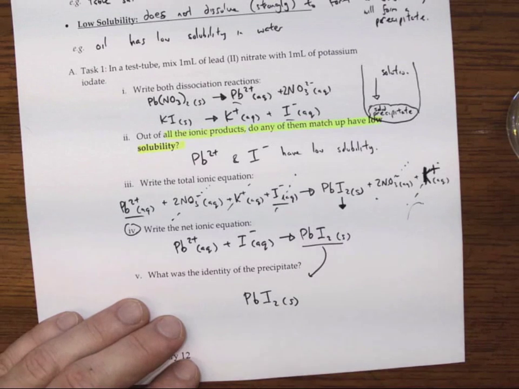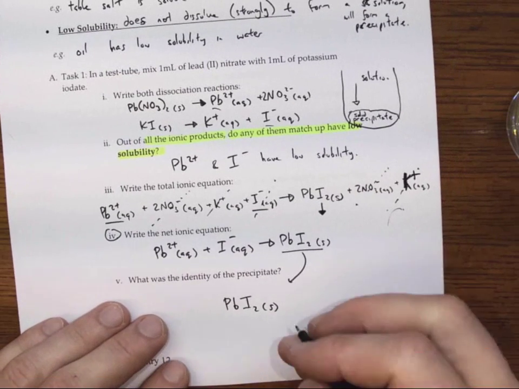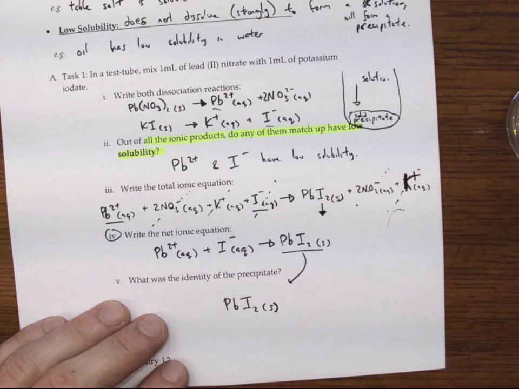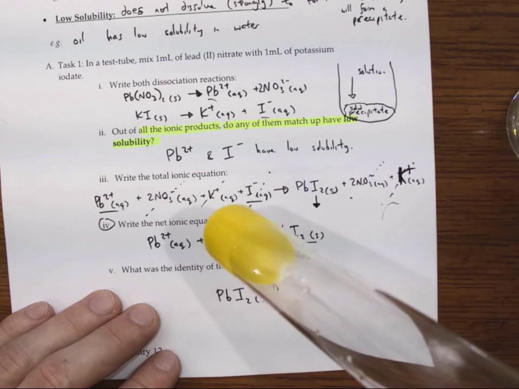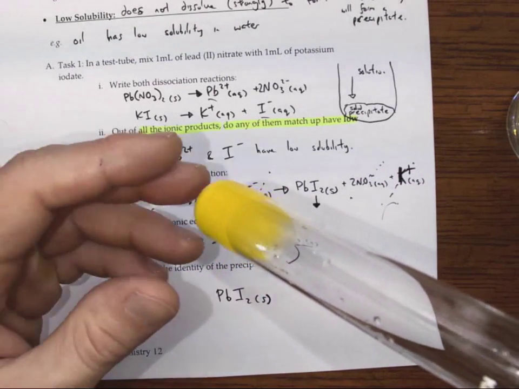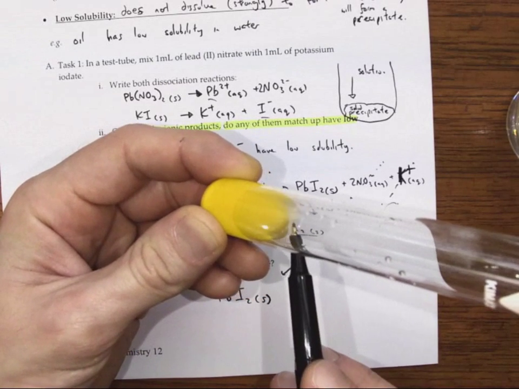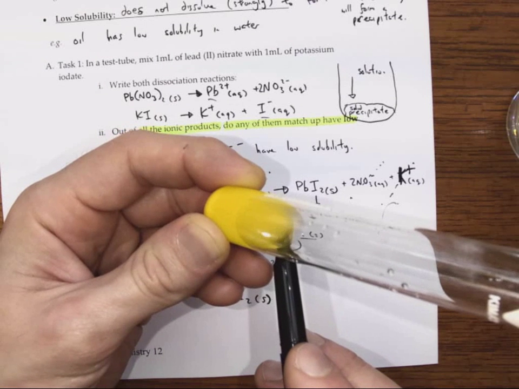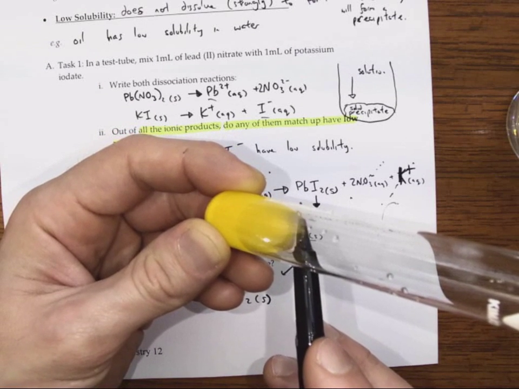Is it settling at all? Let me just check here. No, I'm going to let that settle. We'll come back to it. But lead iodide, you can start to see a little bit of this separation happening here as you have a clear section of solution that is obscured by the, and you can start to see the precipitate sort of forming a little bit.